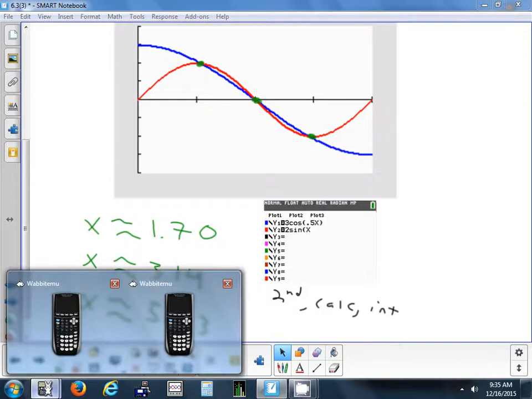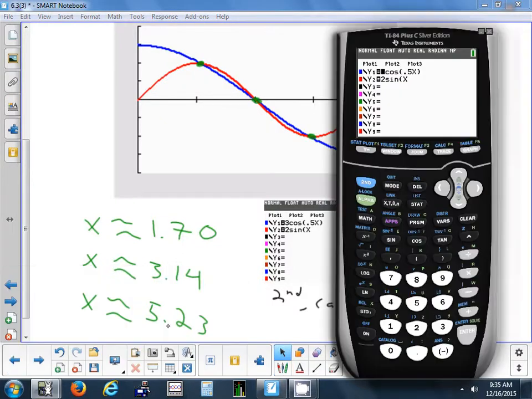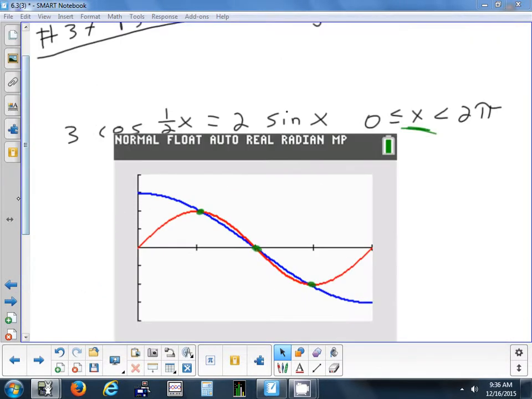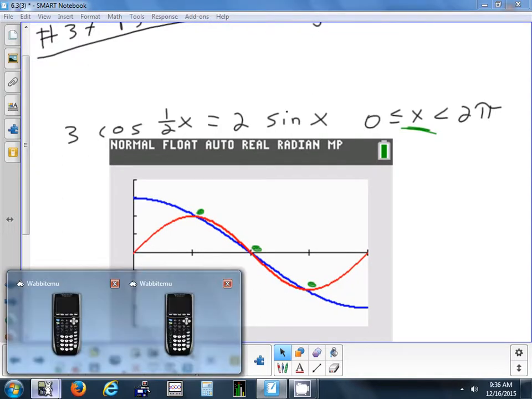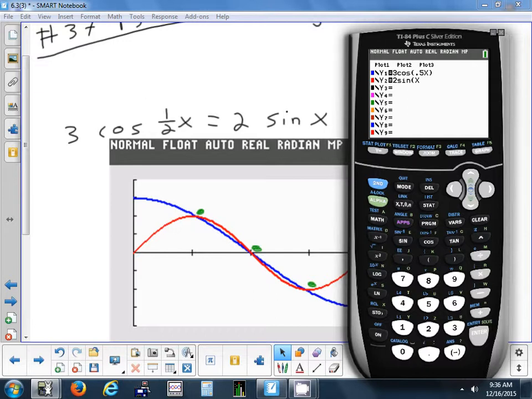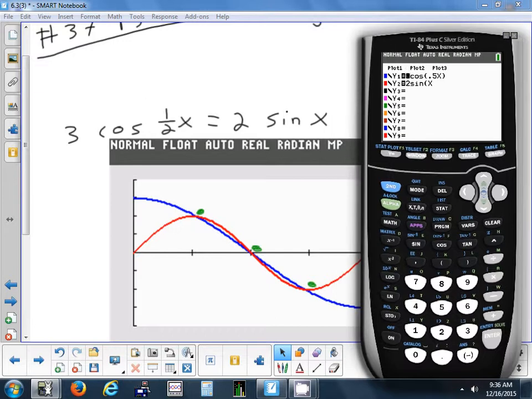What's another way I could type this whole thing in on y1? Let's say I didn't want to use y2. Think about that original problem. What else could I do to rearrange this first and then type it in?